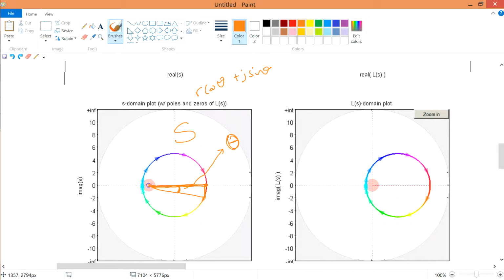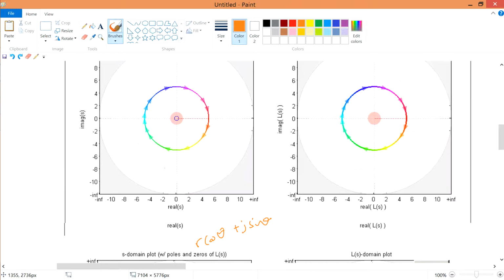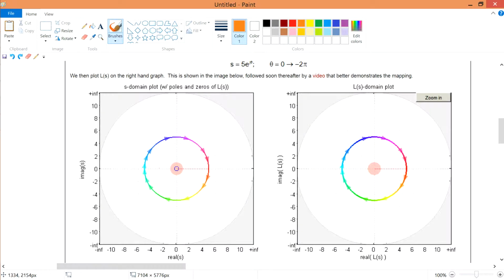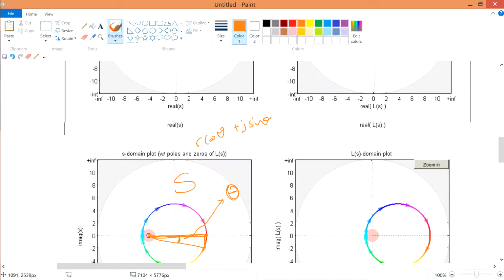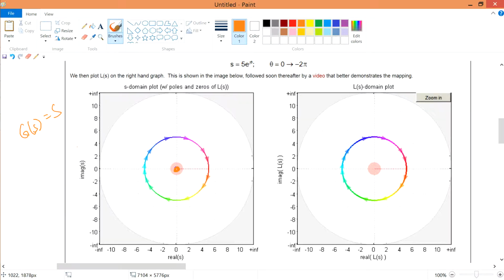If I were to position my zero over here, this is my zero where the function g of s is equal to just s. This is for s plus 4. And therefore if I have an s, then this angle over here, correspondingly to each of these points, is different.